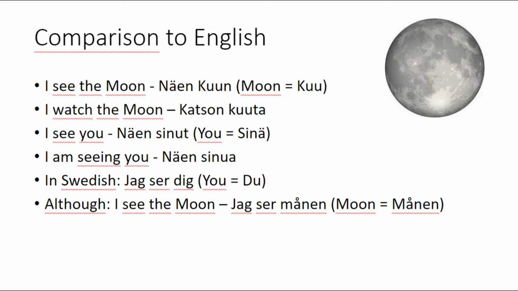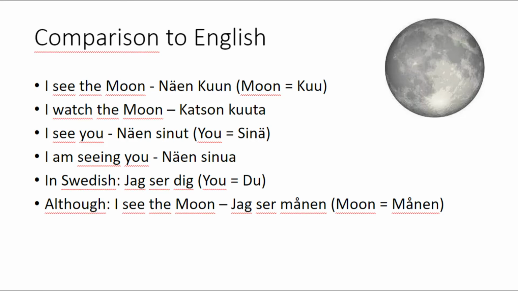And in Swedish, this feature also exists somewhat. In that, if say I see you in Swedish, it would be jag ser dig. And I know the word that looks like dig is pronounced as dig for some reason. But normally the Swedish word for you is du, but in this case it's dig because du is the object of the action.